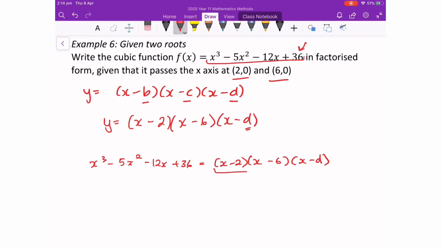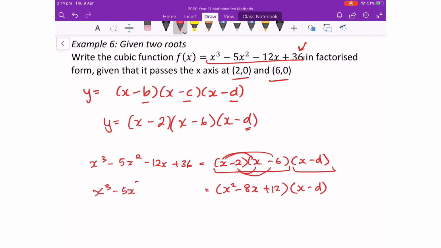I'm going to actually expand this as well to make it easier, and I'm going to have this bracket on its own. So I'm just going to write x squared, so let's do our FOIL. x squared, take 6x, take 2x, which is negative 8x. Negative 2 times negative 6 is positive 12. Then x take d. Okay, so I'm going to rewrite this side here.